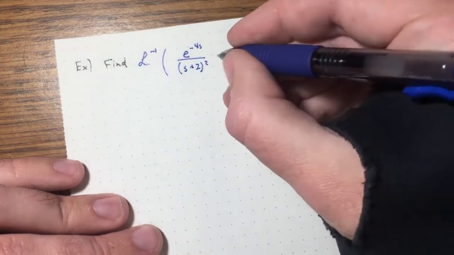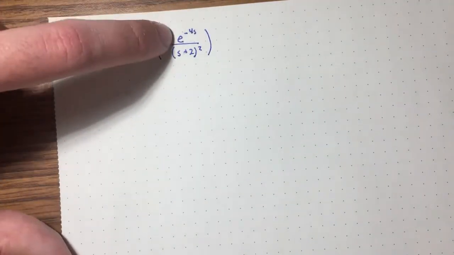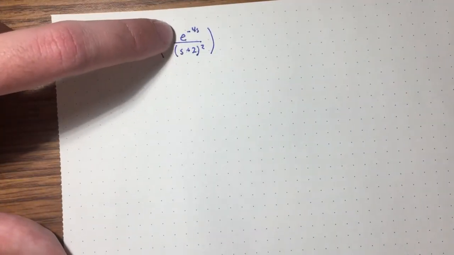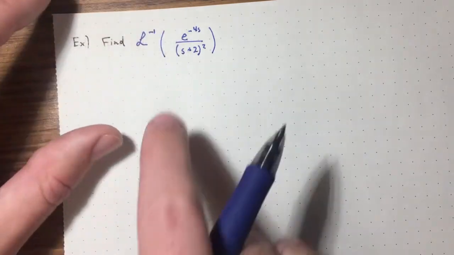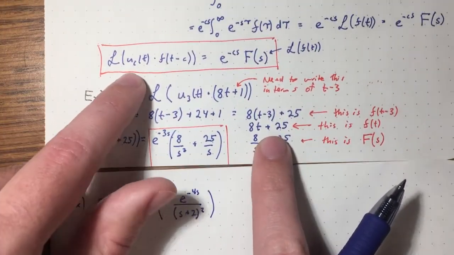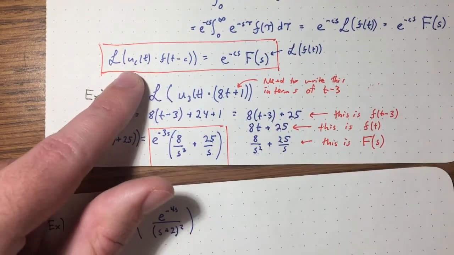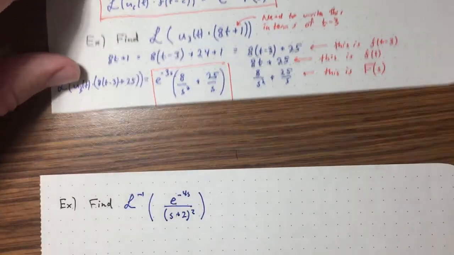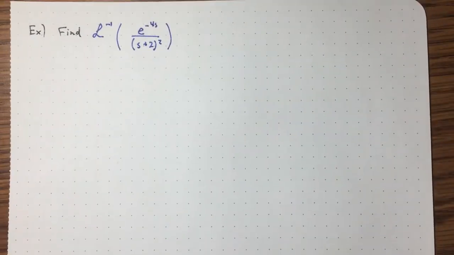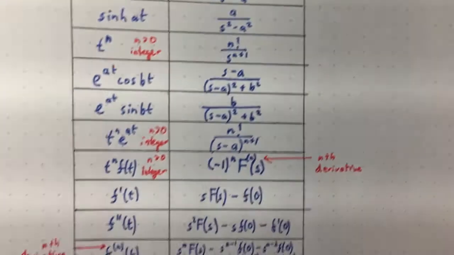I just want to point out also, whenever you see an exponential in the s domain, that's a sign that there's one of these functions in the t domain. There's some discontinuity. Okay, let's do this inverse Laplace transform. Well, let's go to our table.